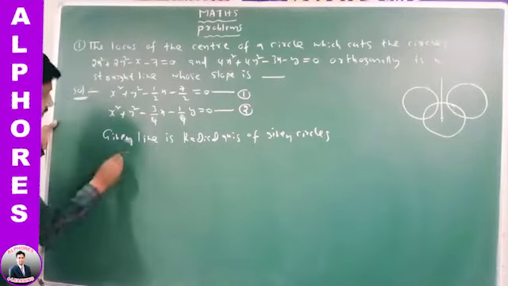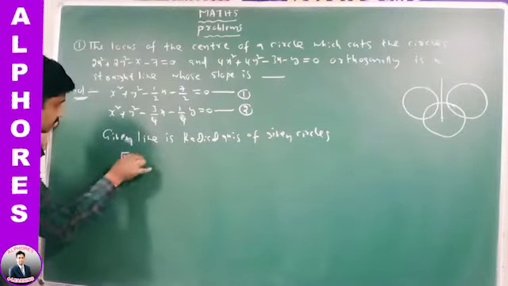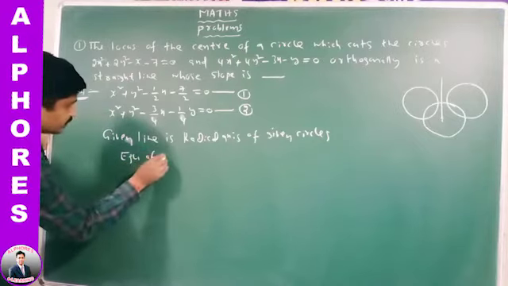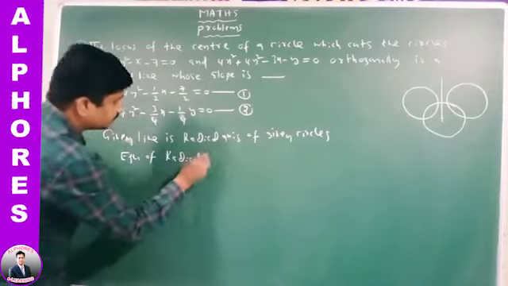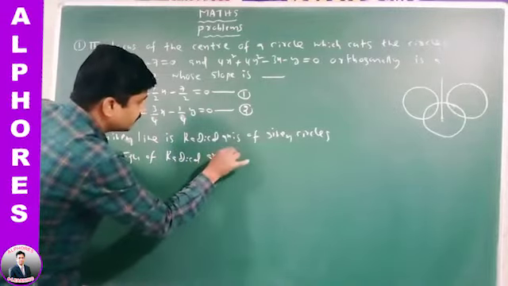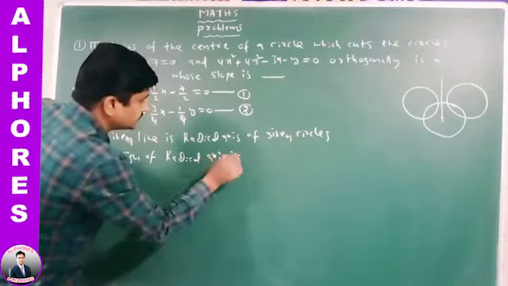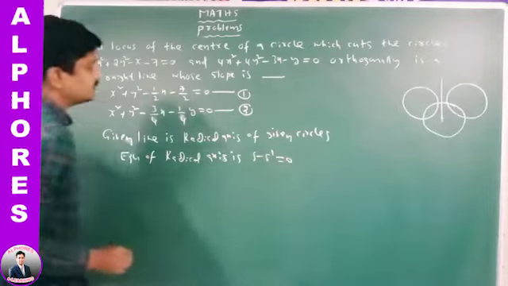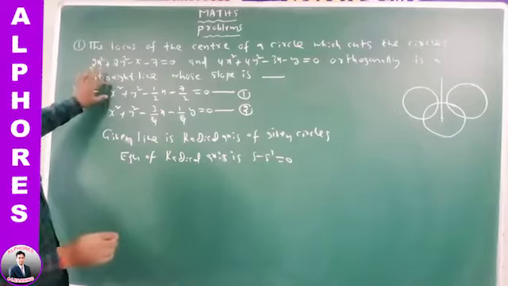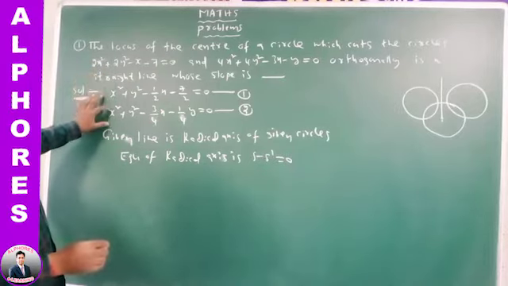Now the equation of the radical axis is S minus S dash equal to 0. Suppose S equal to 0 and S dash equal to 0.